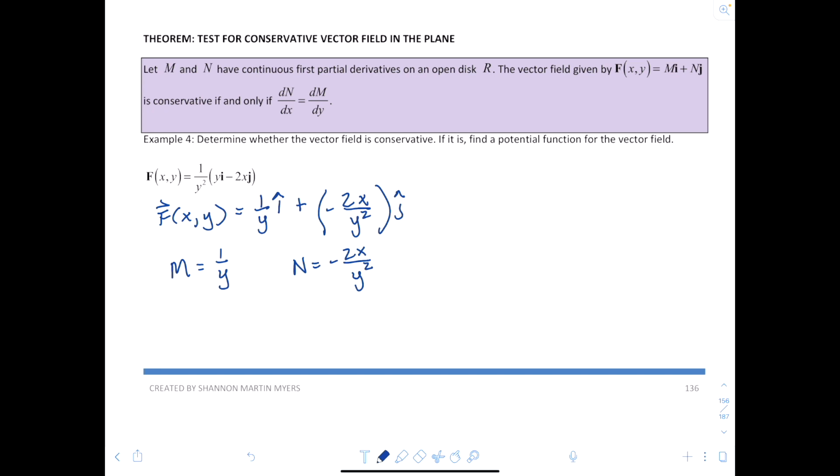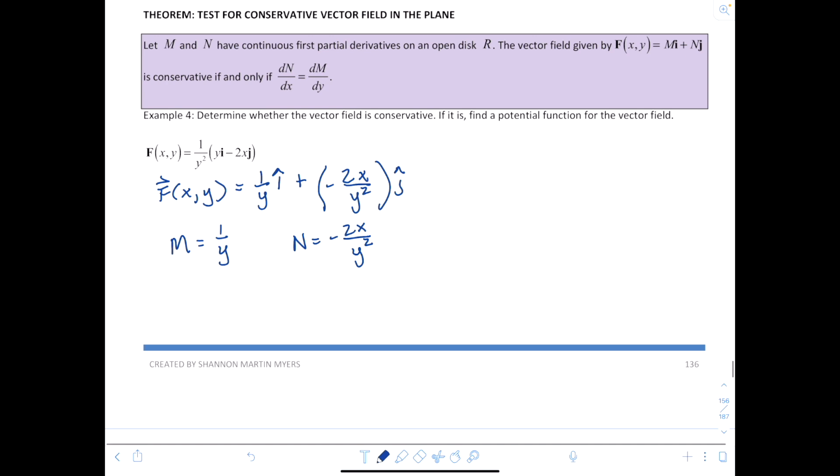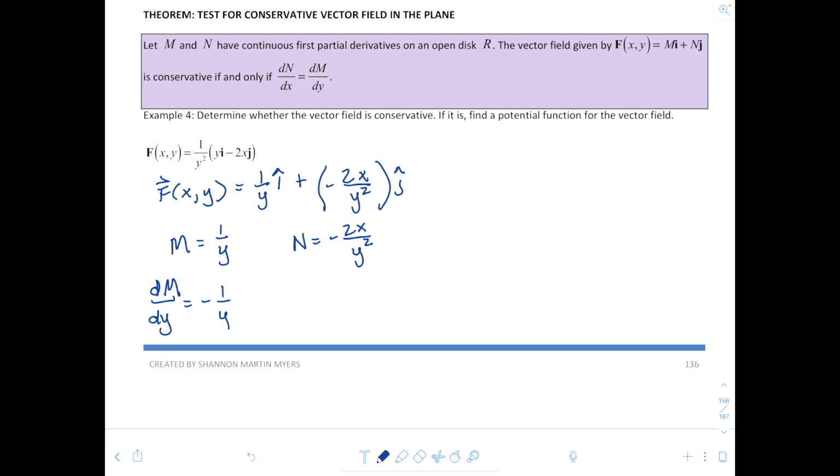And so now let's figure out what we have going on. dM/dy is going to be negative 1 over y squared, and dN/dx is going to be negative 2 over y squared.